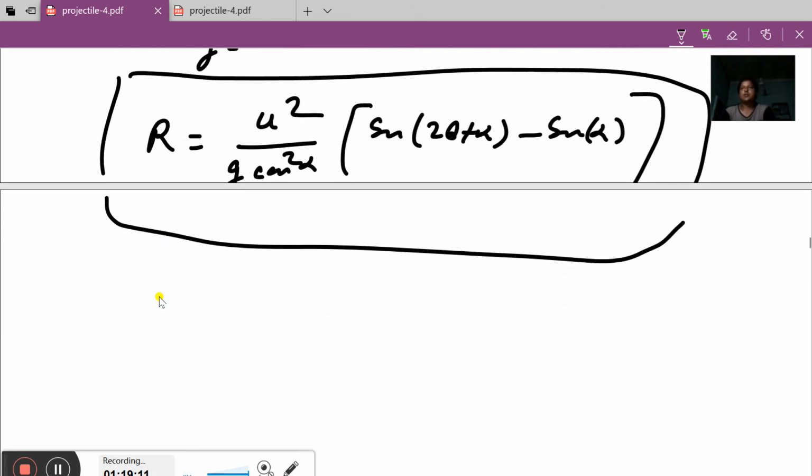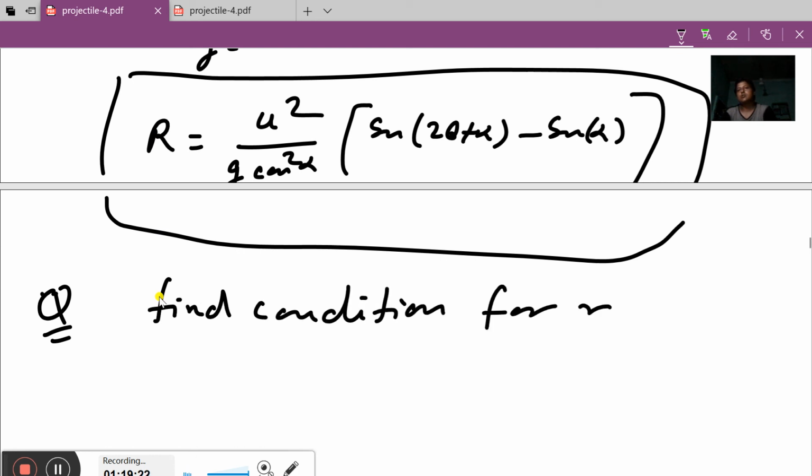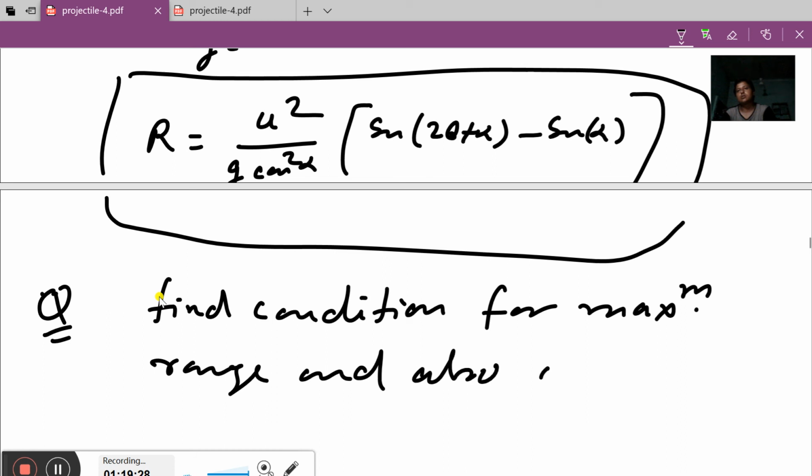In this case, anyone can ask: find the condition for maximum range and also calculate the maximum range.